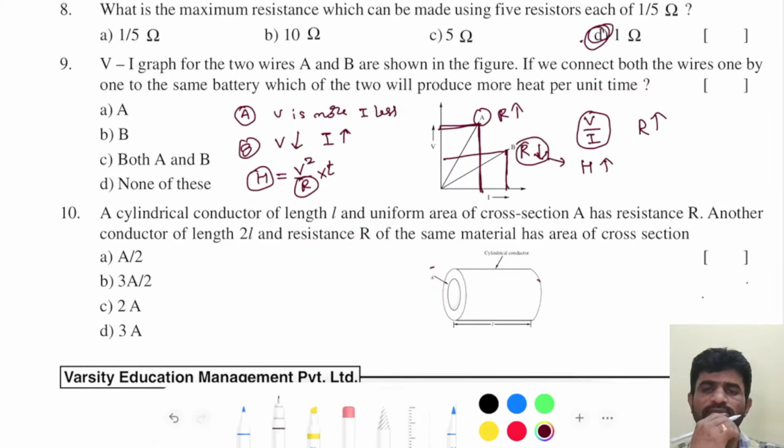Where R is less, the heat is more. When you want more heat to be produced, less resistance should be there. Less resistance is there in wire B. So option B is correct. More heat will be produced in B, not in A. Do you understand this?